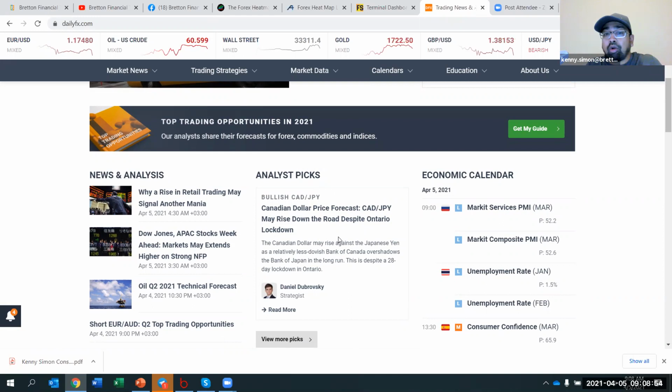It's quite confusing. Now we know that Ontario in Canada is in a lockdown, but they are focusing on CAD/JPY as the pair they may choose to trade. I like to read the headlines, but I like to reanalyze and help traders understand it from a technical perspective as well as the trends perspective.